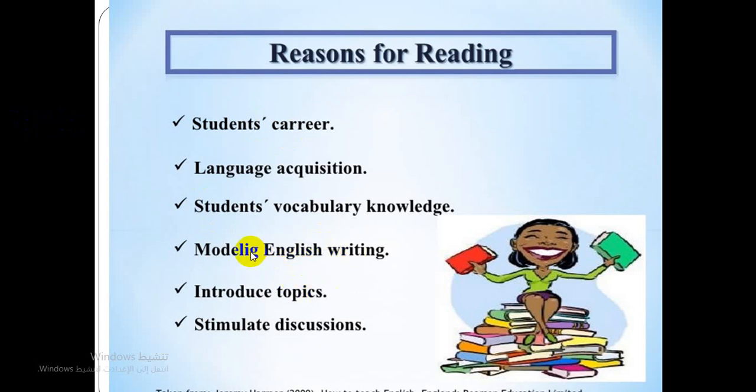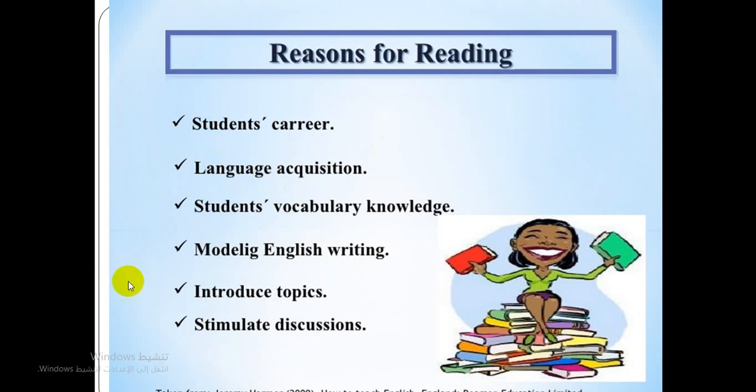Reading texts provide opportunities to study language, such as vocabulary, grammar, punctuation, and the way we construct sentences, paragraphs, and text.